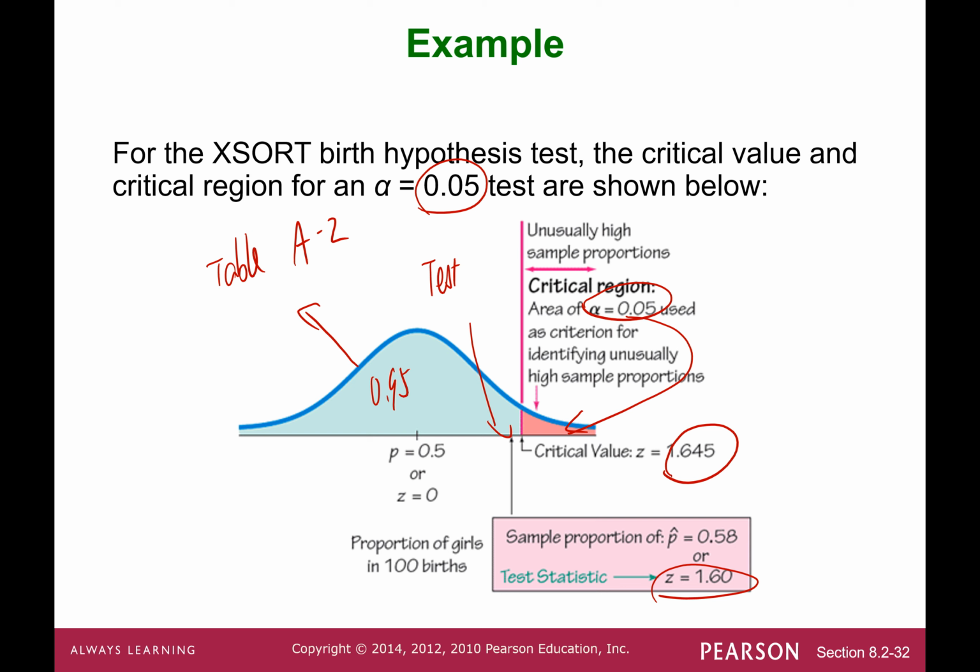Z equals 1.60 is smaller than 1.645, so it's located on the left-hand side of the critical value. That's why we fail to reject H0.